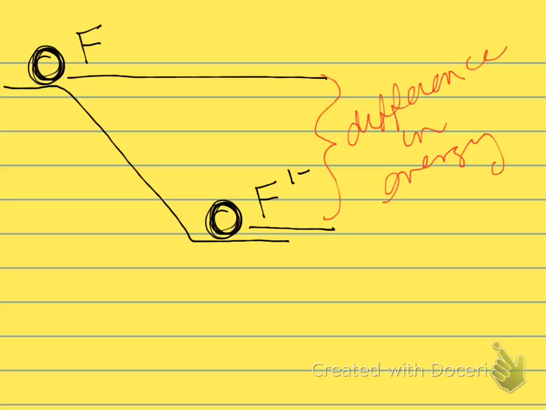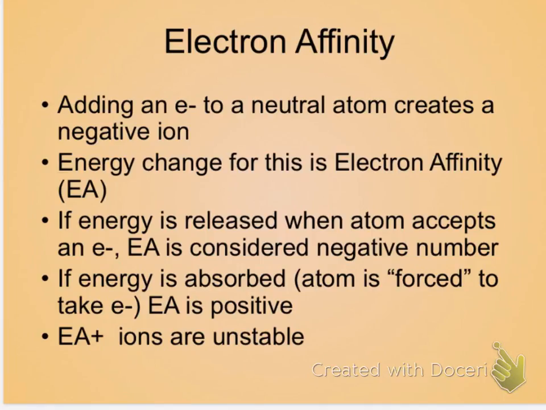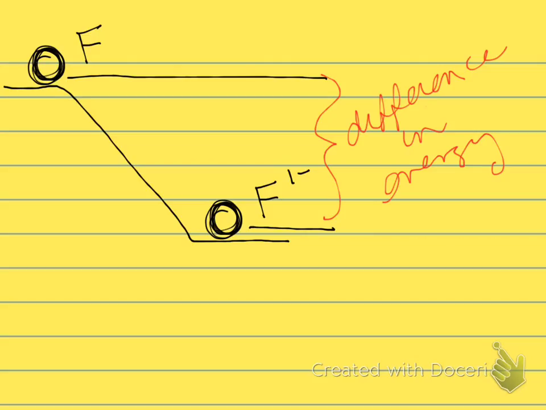That difference in energy is the energy change that we're talking about. Okay? The amount of difference in energy between that neutral atom and that atom that has gained an electron.